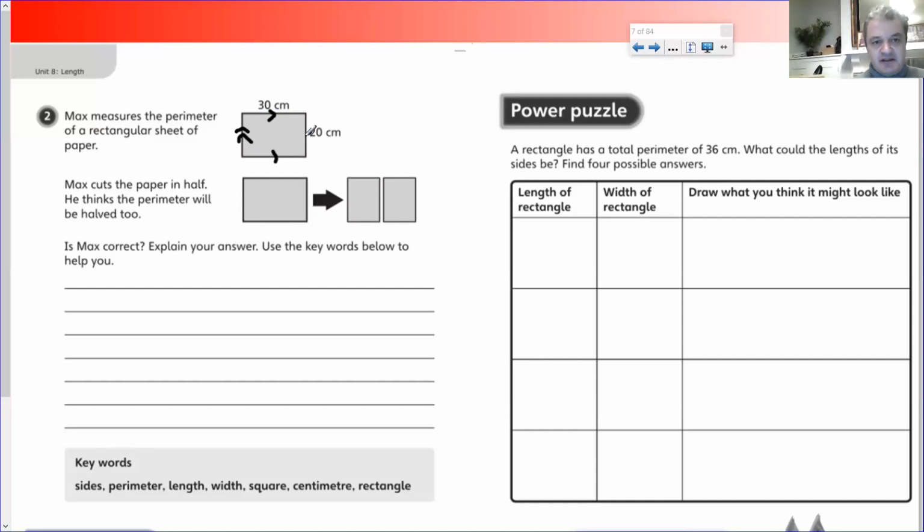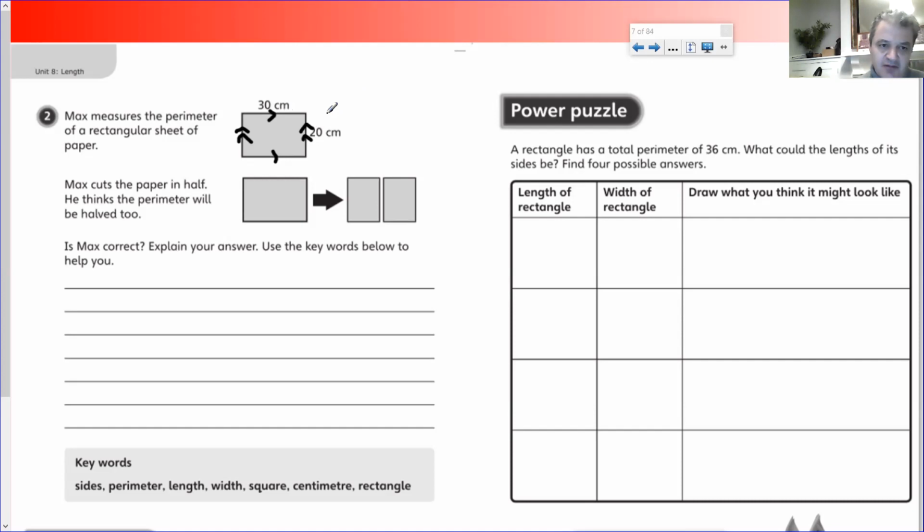And also this line, parallel lines. Like an elongated square, you could say. But we've also got this line is perpendicular to this line. Okay. So Max cuts the paper in half.